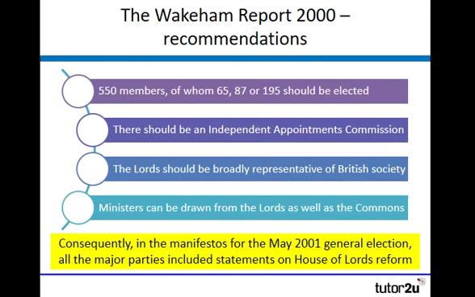In effect, that would take away some of the politicisation of possible appointments, avoid favours being distributed, and try to prevent the influence of political parties on the makeup of the House of Lords. Both of those factors should then mean that the Lords would be much more broadly representative of British society. Following the issue of this report, all major parties ahead of the May 2001 general election included quite detailed statements on further reform to the House of Lords.